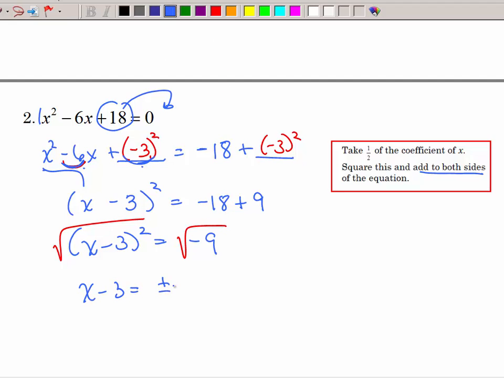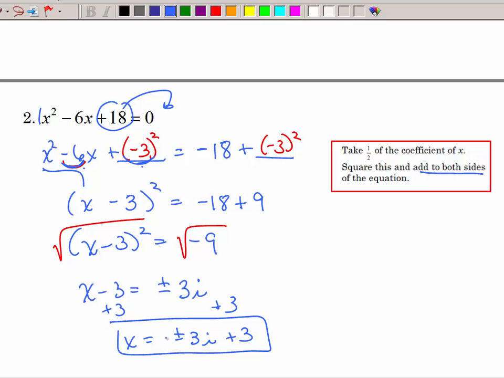Don't forget that plus or minus sign. Ooh, what's the square root of negative 9? That's 3i. Remember, that's an imaginary number. And then we need to add 3 to both sides, and I get x equals plus or minus 3i plus 3. And just to remind you, that is two answers because of that plus or minus. Yes, those two examples were very easy. Let's see what makes it not easy.